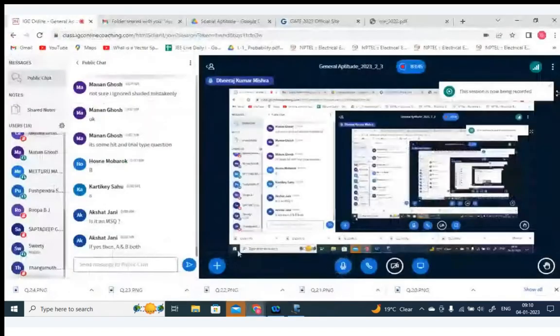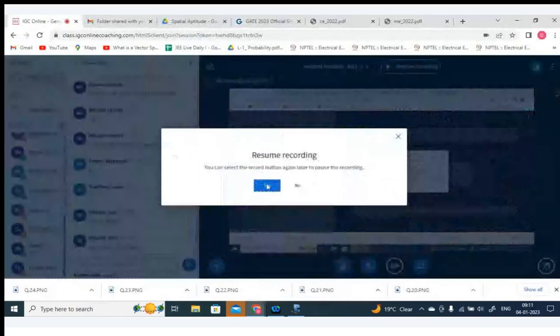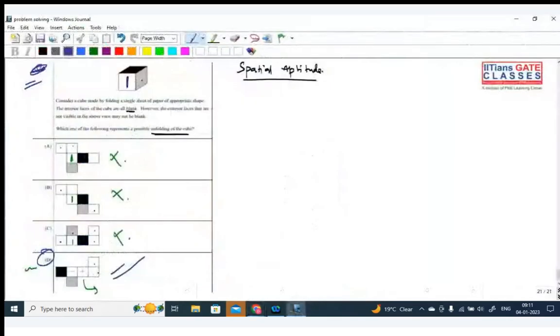So if this plus is not present, then you can say option D based on this line. But this was marked MTA, okay? Understood, everybody?